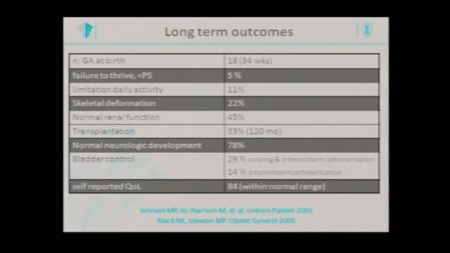Despite that, the quality of life of these patients, as perceived by themselves, is completely within the normal range. This means that despite their chronic problems, they are still extremely happy with their quality of life. And that's an important message as well.